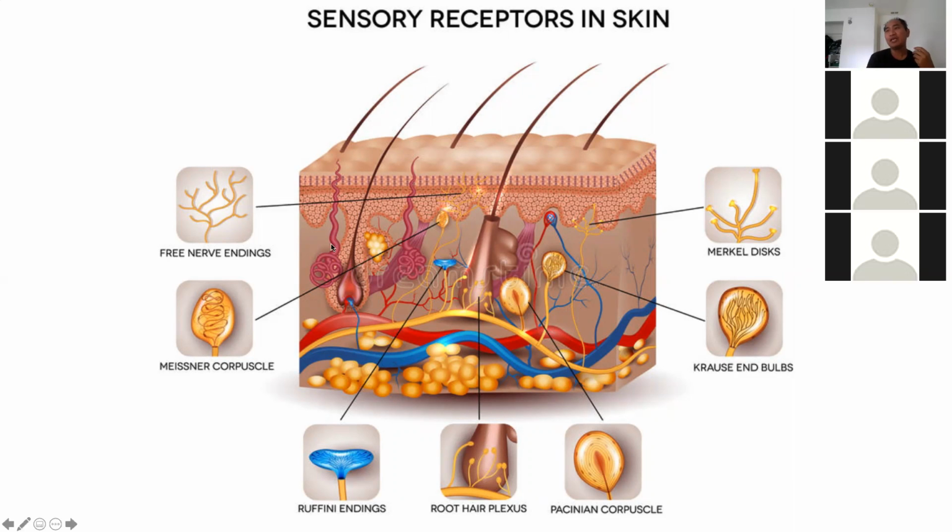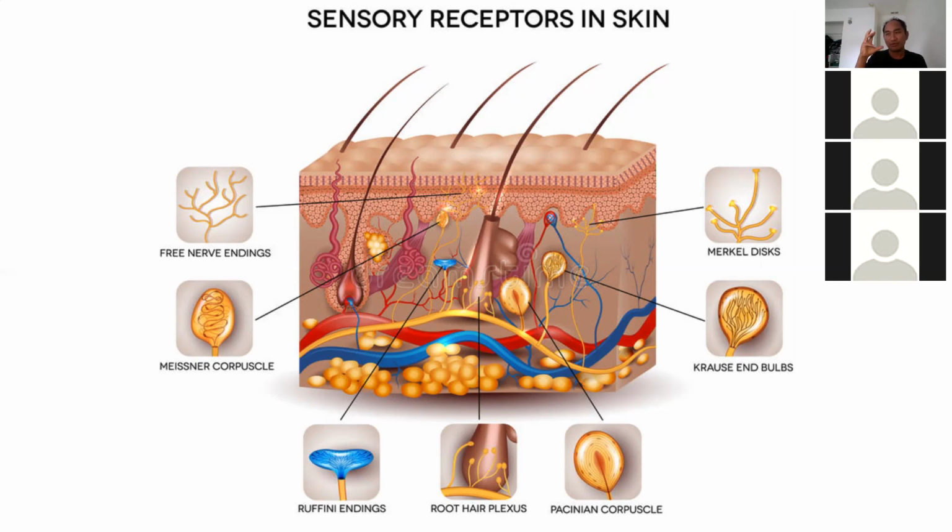They could be acting as free nerve endings, Meissner's corpuscle, Ruffini endings, hair root plexus, Pacinian corpuscle, Krause end bulbs, or Merkel's disc. Don't worry about these names, but I want you to remember that in one particular pinpoint area, we have a different number of receptors present in our skin.